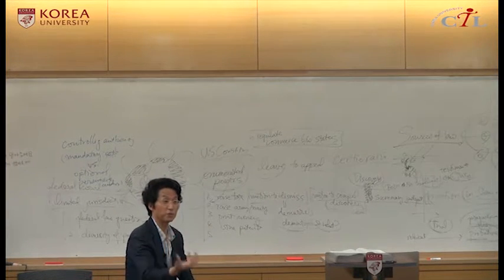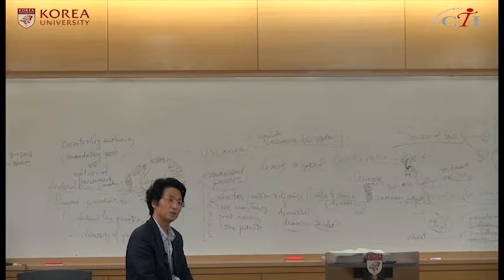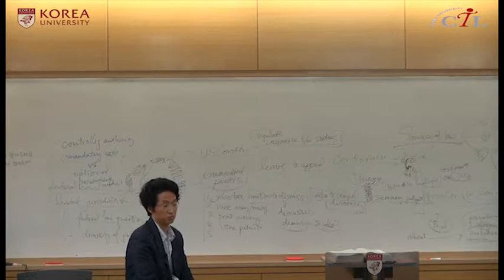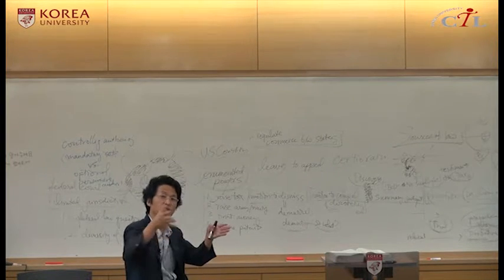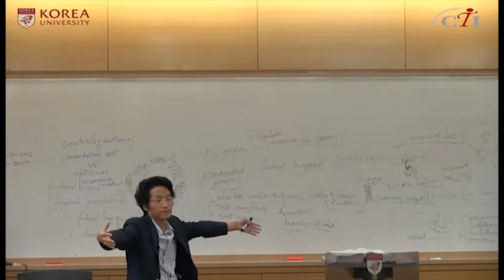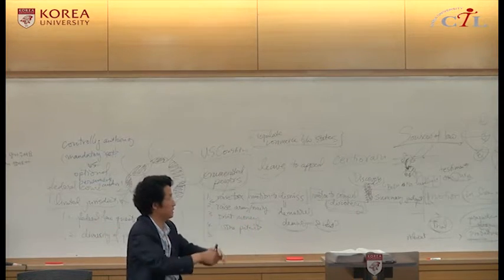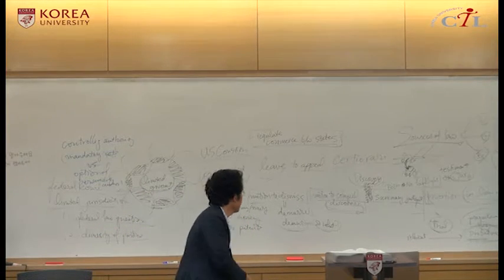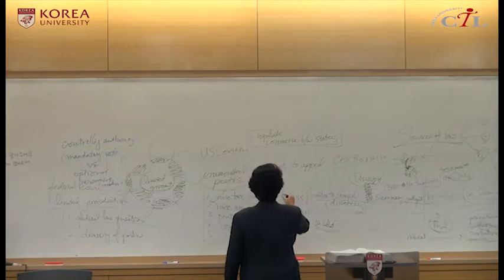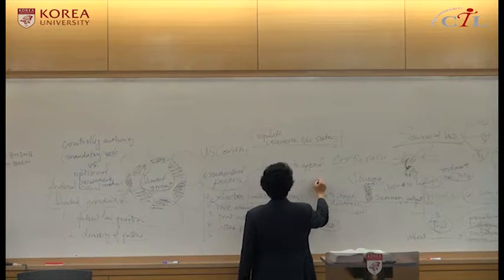So there is but-for causation, but will the court hold me liable for the student's injury? No, because the causation is just too remote, okay? It's not proximate. Remote versus proximate.